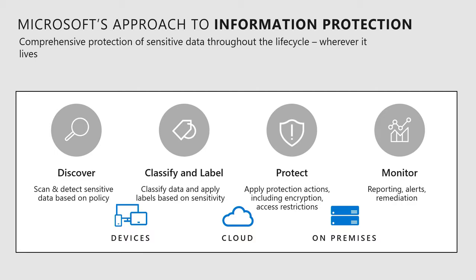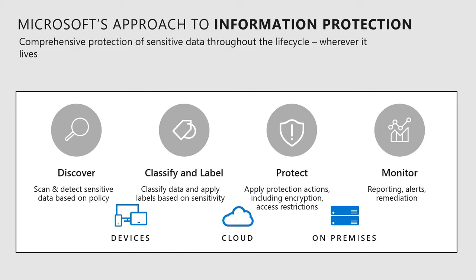When you deploy an information protection solution, you're talking about doing multiple things. In particular, you want to be able to understand the data in your environment. You want to discover all the sensitive data that's across cloud, on-premises devices, etc. You want to be able to identify that data and bucketize it. Say, I want to classify my data, label it, specify different types of treatments for the data. You want to protect it.